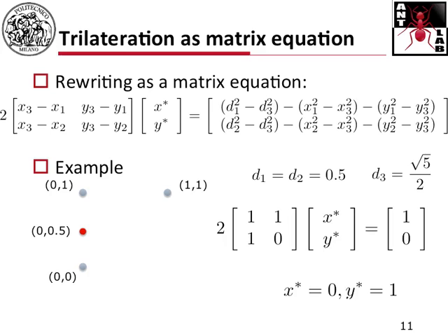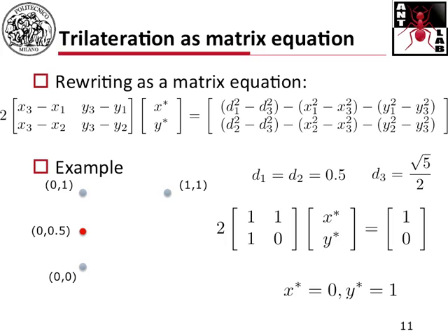Using the matrix notation of the linear system to get the position, what I get in this specific case is a very simple 2 by 2 system of equations, which in matrix form is expressed like this. If you solve it, you get the position of the red point. I guess there is a mistake here, because y star should be 0.5, not 1. Clear? Questions?